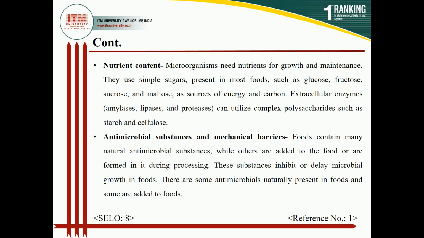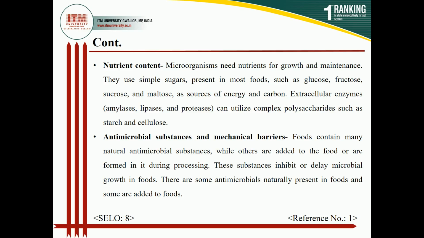Generally, simple molecules such as sugars and amino acids can cross the cell wall or cell membrane of the microorganisms, and all the complex molecules such as starch are broken down into a simpler form, and after that they cross the cell membrane.